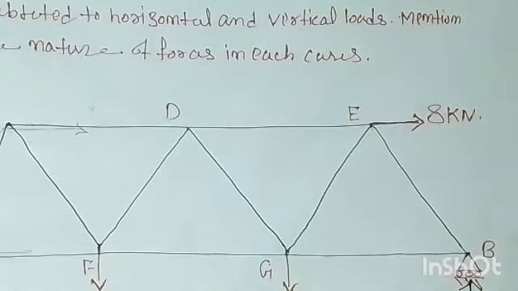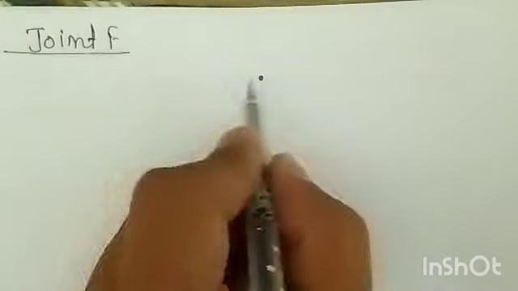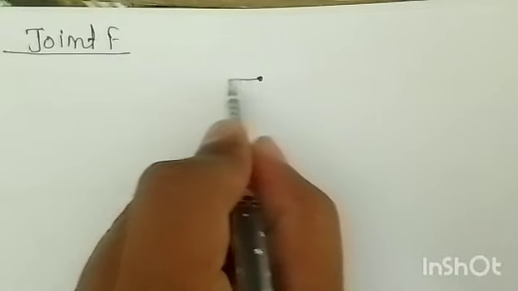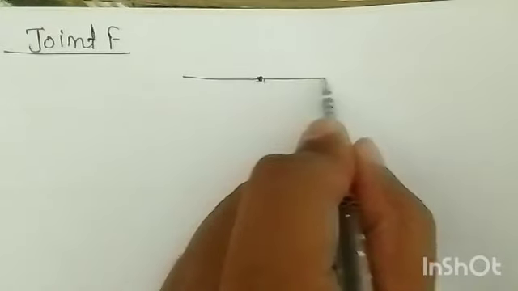We'll do another page. So now you can see very carefully that we can write down joint F. So this is your F, joint F. This is your AF, this is the FG, right?